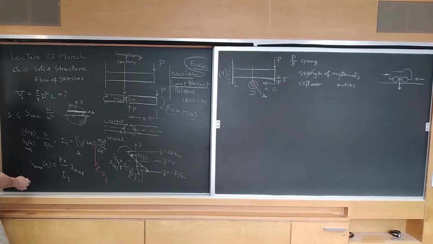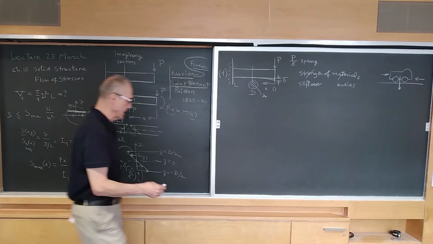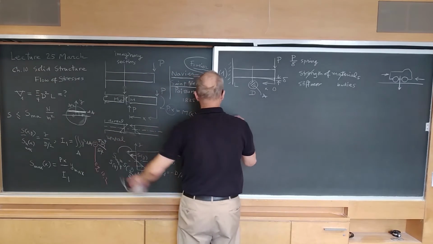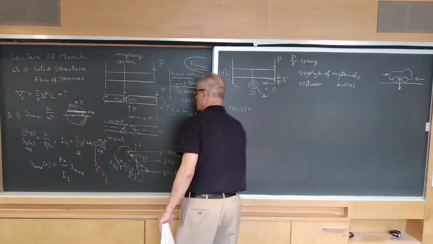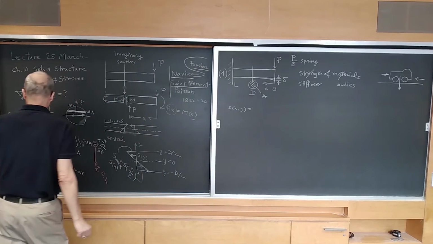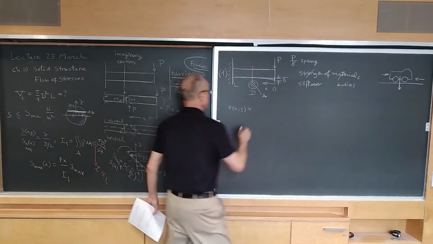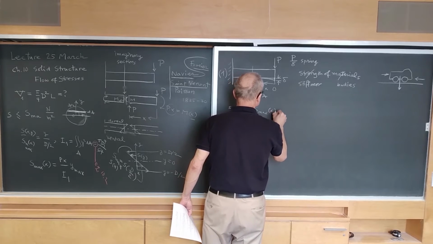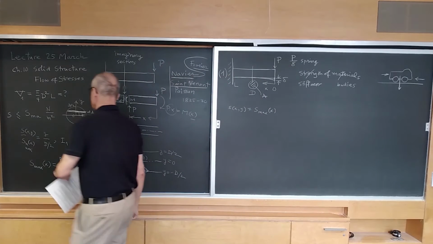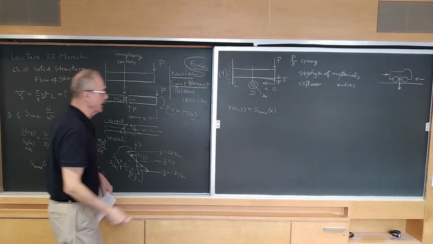In other words, let me summarize the conclusion that the stresses depend on x and y. They're equal to S max, which is a function of x, and then this other ratio, which is a function of y.